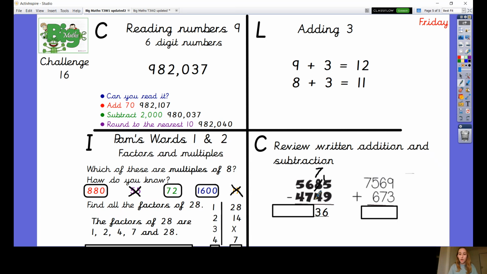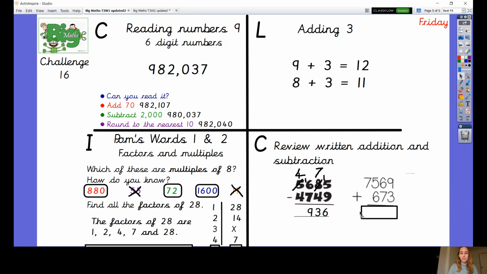In my hundreds column, I've got 6 hundreds take away 7 hundreds. I can't do that without going into negative numbers. So I'm going to look at the thousands column and regroup 1,000 into my hundreds column, which makes 10 hundreds. So I've now got 16 hundreds, subtract 7 hundreds, which gives me 9 hundreds. And then in my thousands column, I've got 4 thousands take away 4,000, which equals 0. Okay, so you may have written 0 in there, or you may have just left it blank.